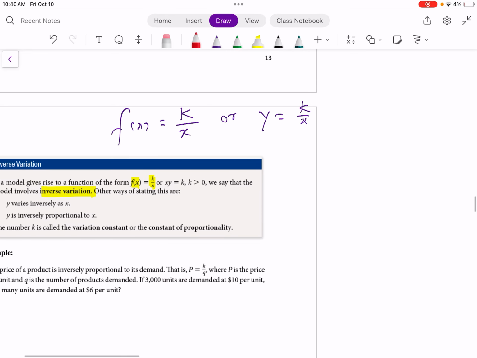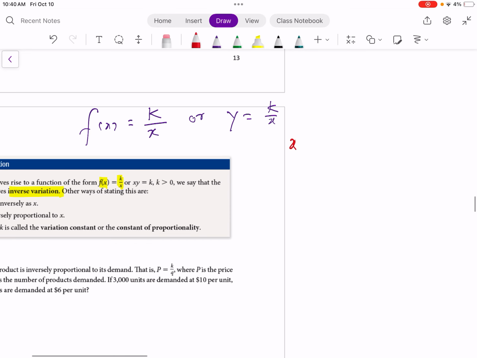Inverse variation means if our input x increases, then y decreases. If our x decreases, y increases. This is an inverse variation.